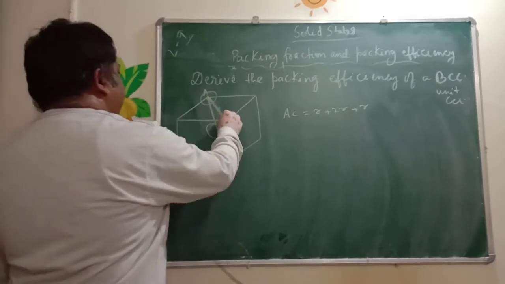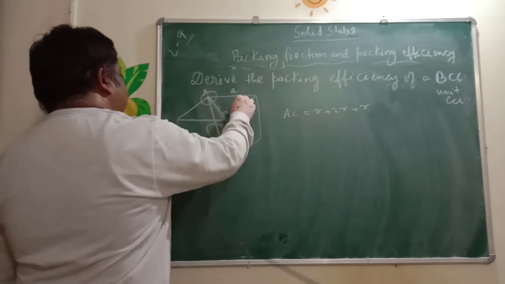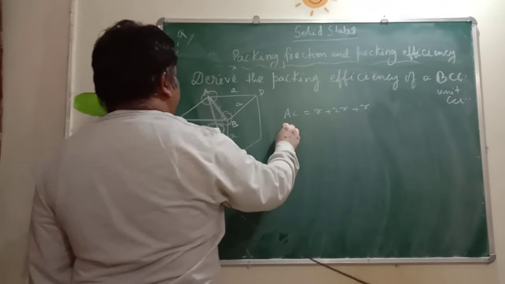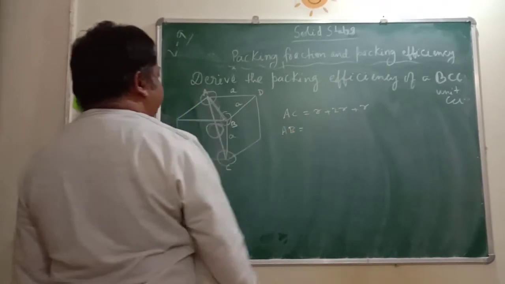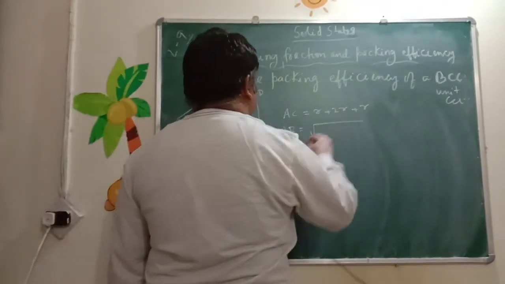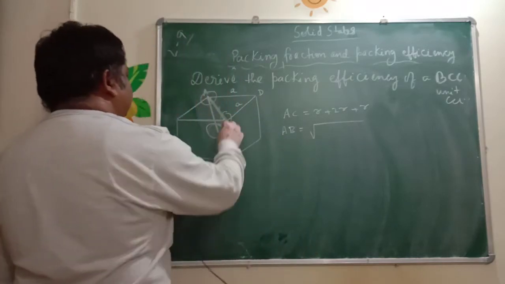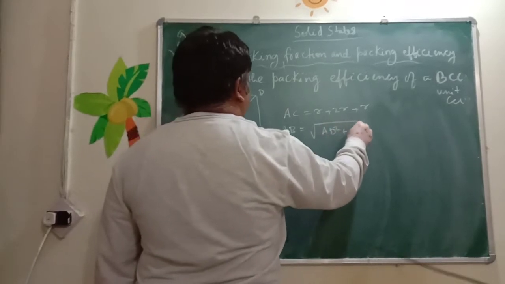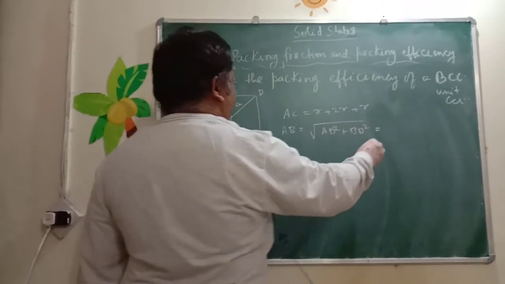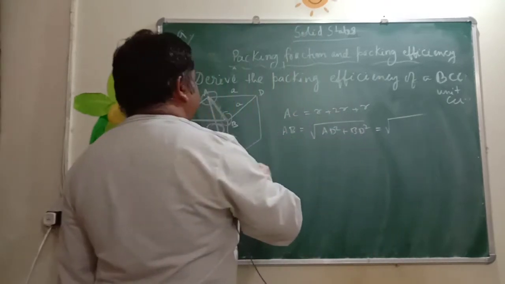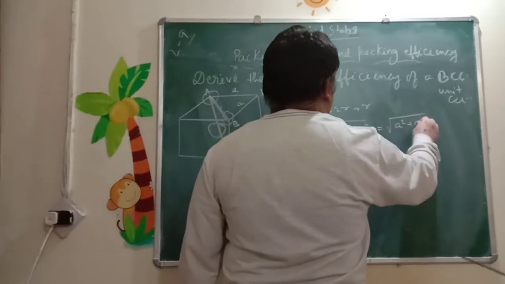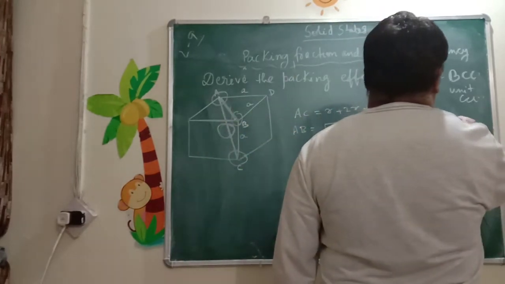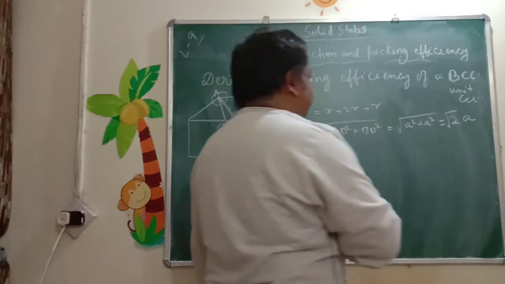So to find out the value of this AB, if this is A and this is A, then AB will be equal to, let this be D, root over AD square plus BD square is equal to root over A square plus A square, which is root 2A.